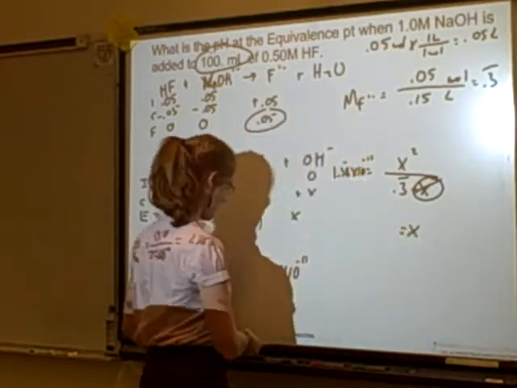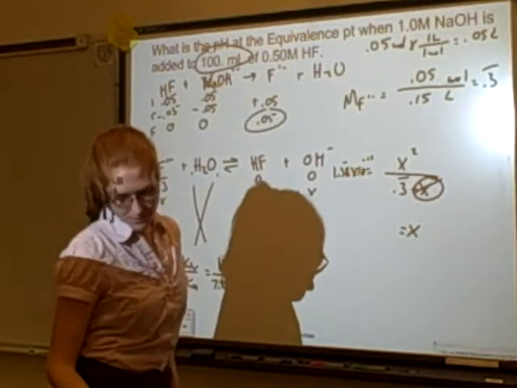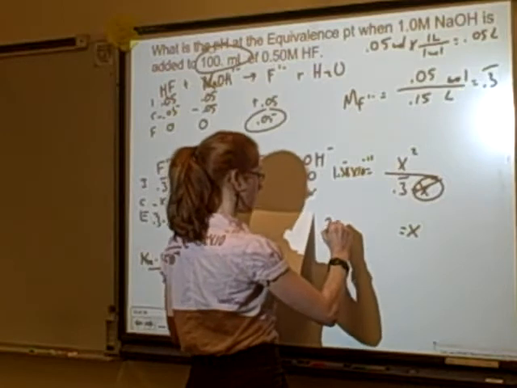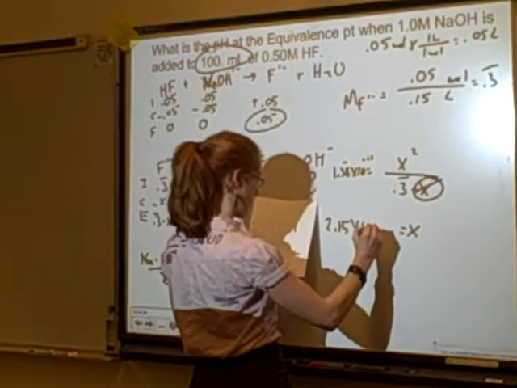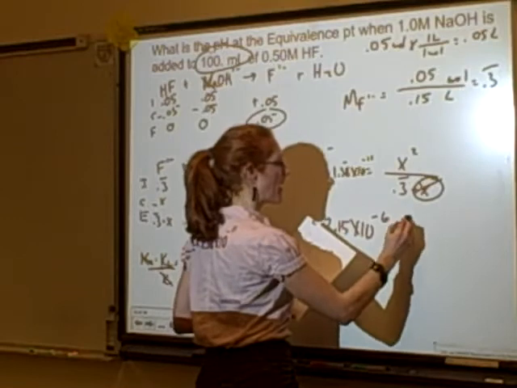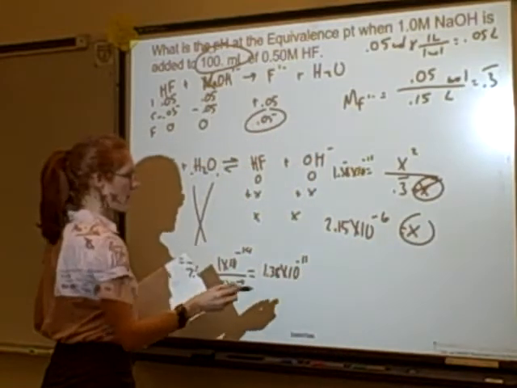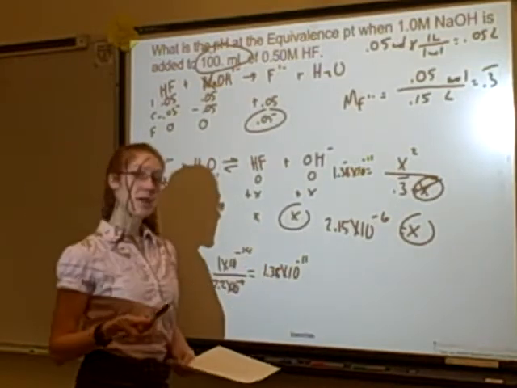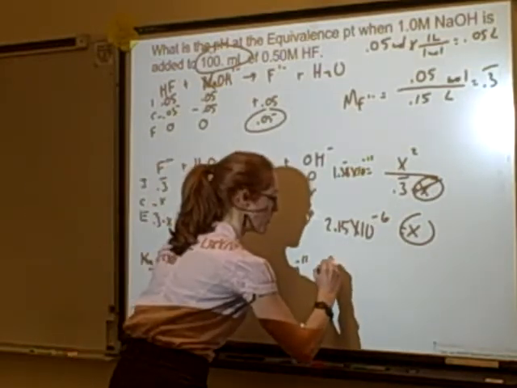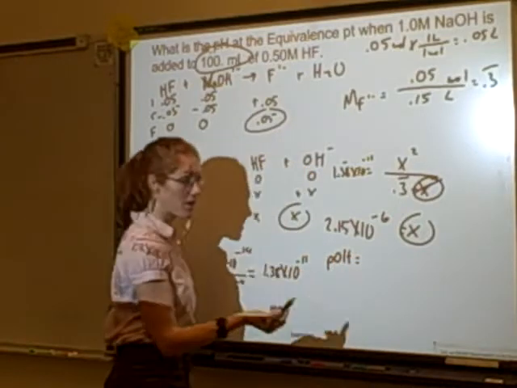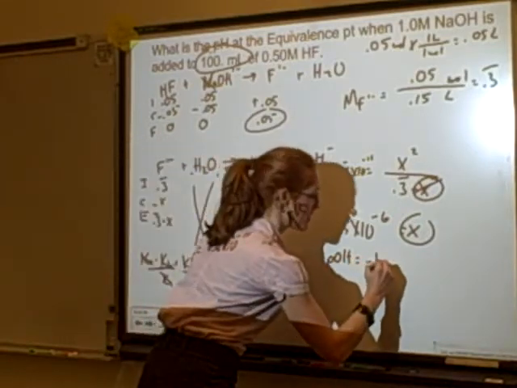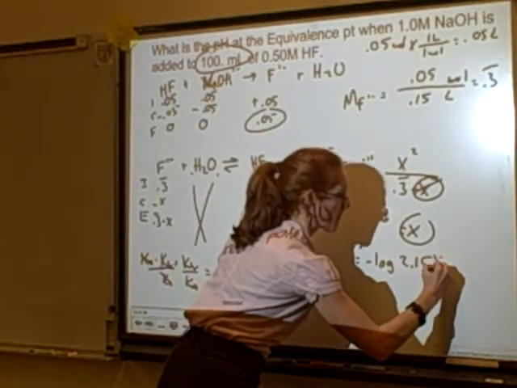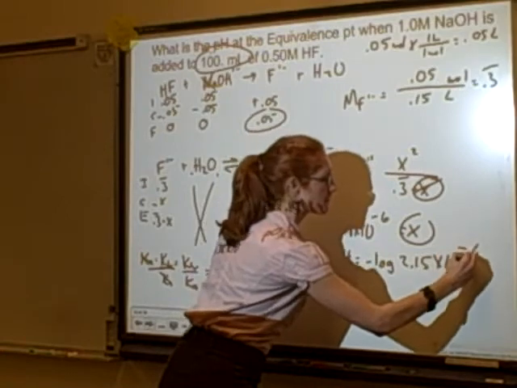And what I got was X is going to be 2.15 times 10 to the negative 6. And my X is my hydroxide, isn't it? Okay, so since I have my hydroxide, I can use that equation pOH equals negative log of my concentration of OH, which is 2.15 times 10 to the negative 6.